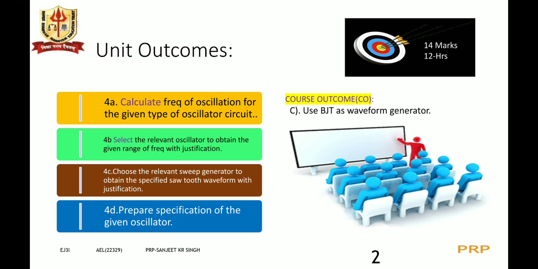The course outcome of this unit or chapter is to use BJT as waveform generator.